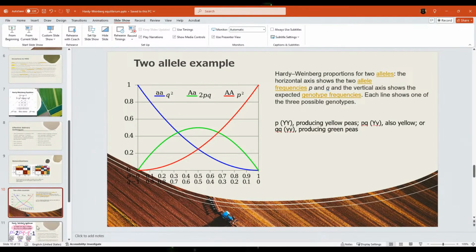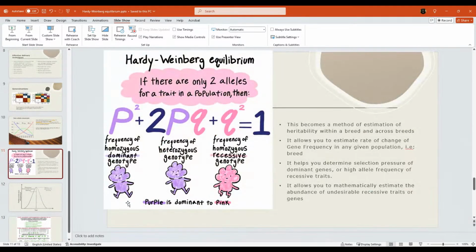Anyhow, I'm not going to go crazy with this. So basically, this is what Arul just explained. P is the frequency of the dominant gene, Q squared is the recessive gene, and 2PQ is the admixture of both dominant and recessive. Now, what is the purpose of this? This becomes a method of estimation of heritability within the breed and across breeds.